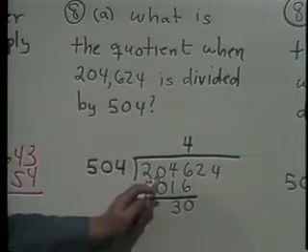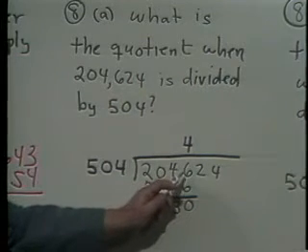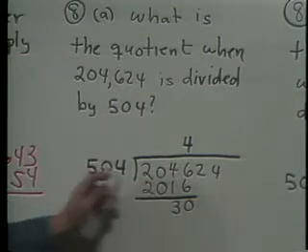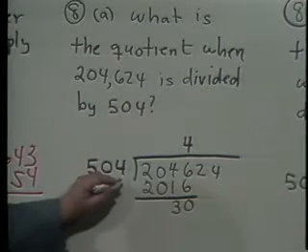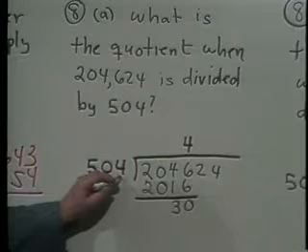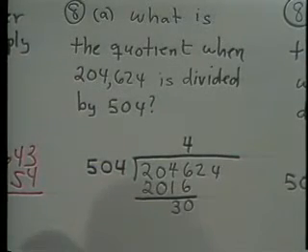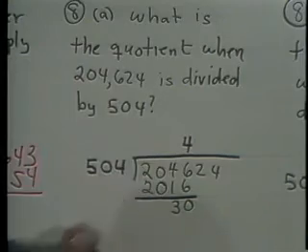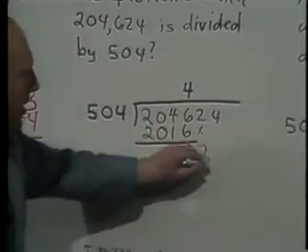Now we look for the first number that's bigger than 504. See, 2 is too small, 20 is too small, 204 is too small, 2,046, that's bigger. 5 goes into 20 about 4 times. We'll take a shot at it. We'll try 4 over here. 4 times 4 is 16. 4 times 5 is 20. This comes out to be 2,016. Now we subtract. That gives me 30. Now I bring down the 2.